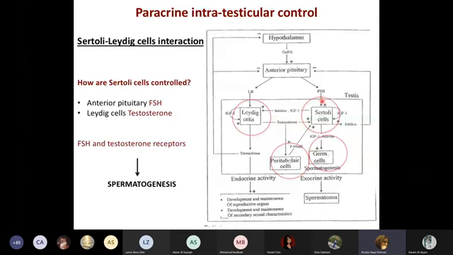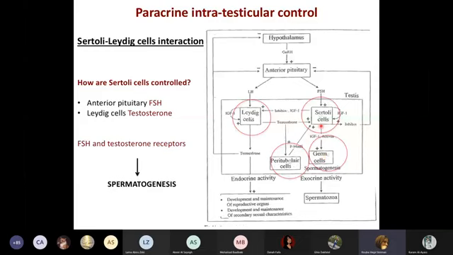Therefore, this testosterone will act as a paracrine factor that will control the functioning of Sertoli cells and will play a role as a communication or connection between Leydig cells and Sertoli cells, and after that germ cells, because this testosterone will not reach the germ cells.